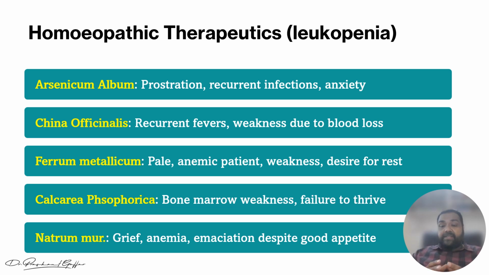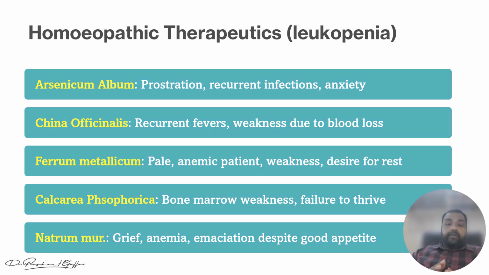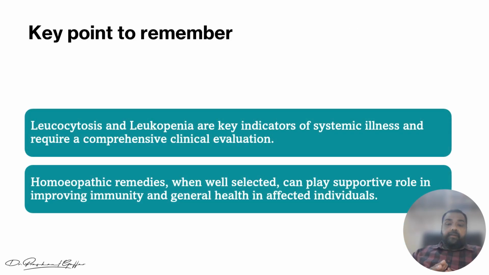Now, last, the key points to remember or summarize. Remember friends, leukocytosis and leukopenia are key indicators of systemic illness and require a comprehensive clinical evaluation, and homeopathic remedies, when well selected, can play a supportive role in improving the immunity and general health in the affected individuals.